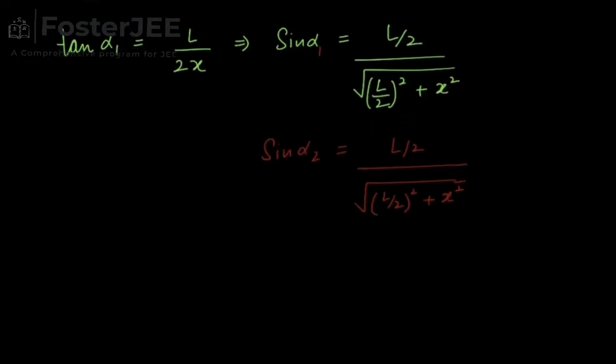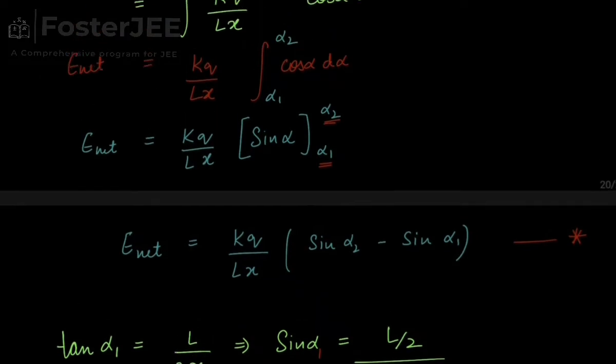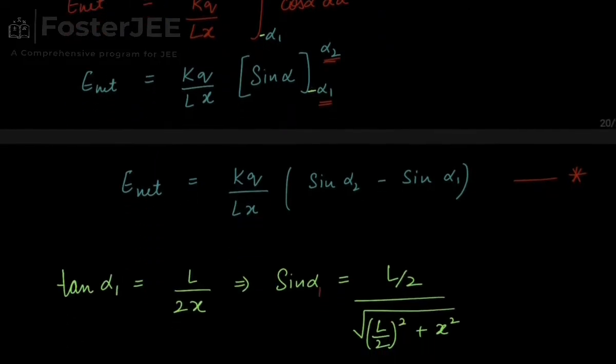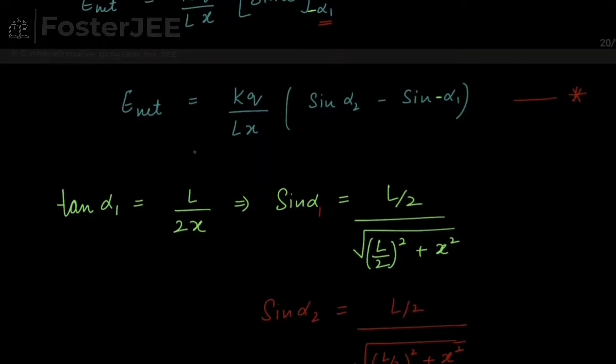So we will change this a bit. This becomes minus alpha 1 to plus alpha 2, this becomes sine alpha 2 minus sine of minus alpha 1, which becomes kq upon Lx (sine alpha 2 plus sine alpha 1).